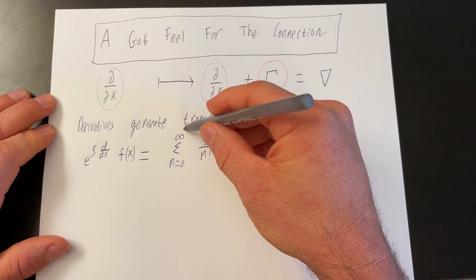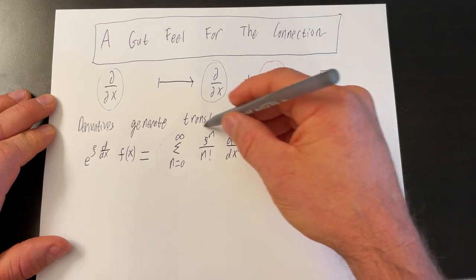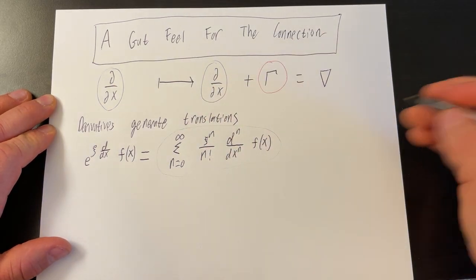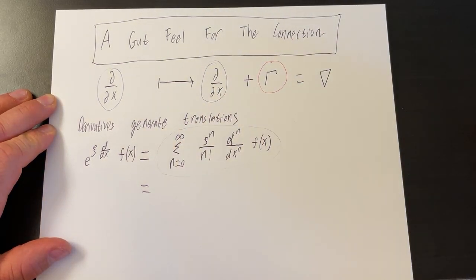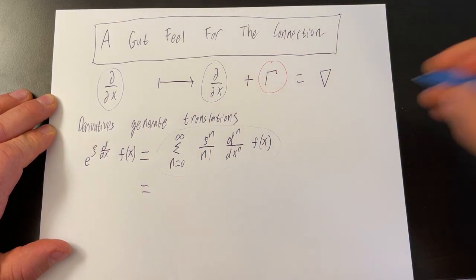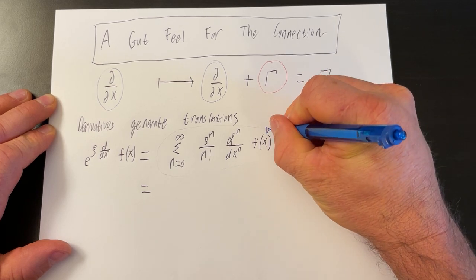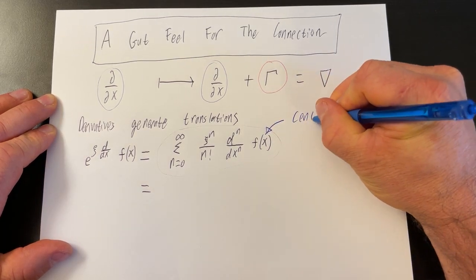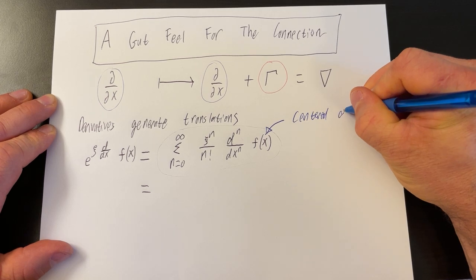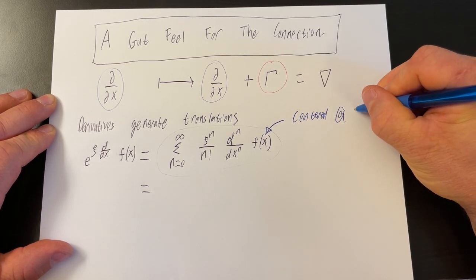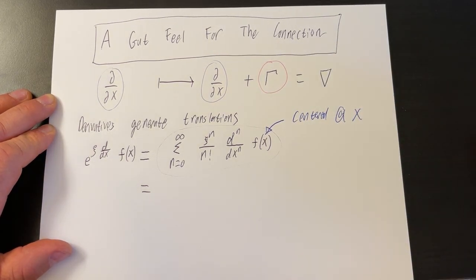So what you see on the right-hand side here probably looks to you like a Taylor series of some function, and you might think that it is a Taylor series of the function f, but it's not quite that. We can see that whatever this thing is the Taylor series of, it is centered at x. So it's not centered at xi.